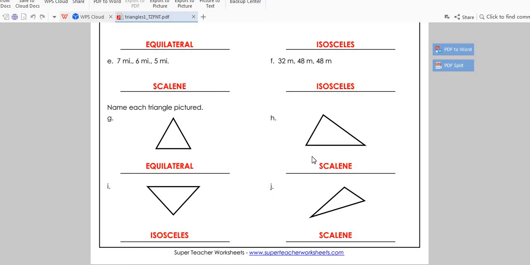I recommend that you use your own ruler starting from the 0 point to the ending point, so you'll find the measure of the side and write it down. And here you'll find that the 3 sides are different, so it's called scalene. And here you will find that 2 sides are equal and 1 is different, so it's called isosceles.